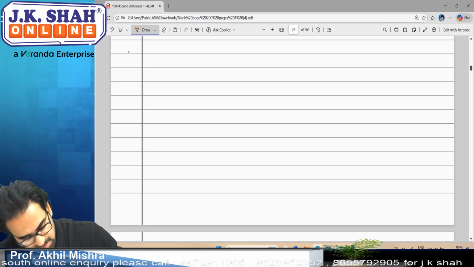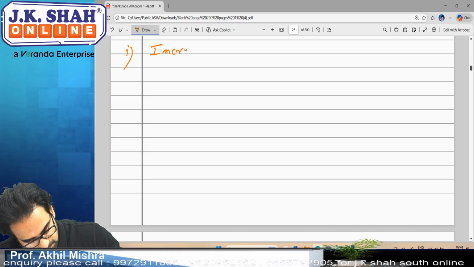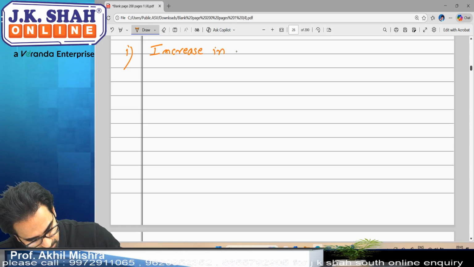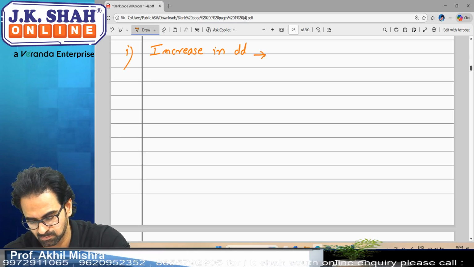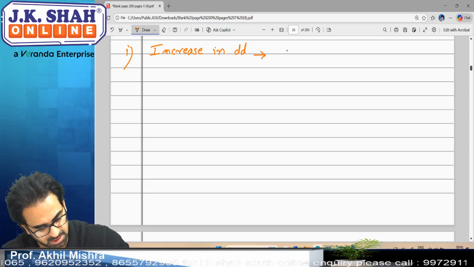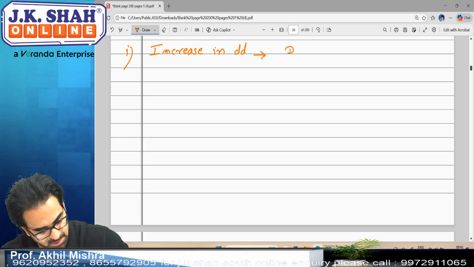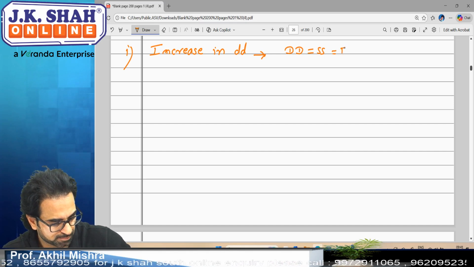Next diagram, we have a few diagrams: increase in demand. See, if demand is equal to supply, then it's equilibrium.